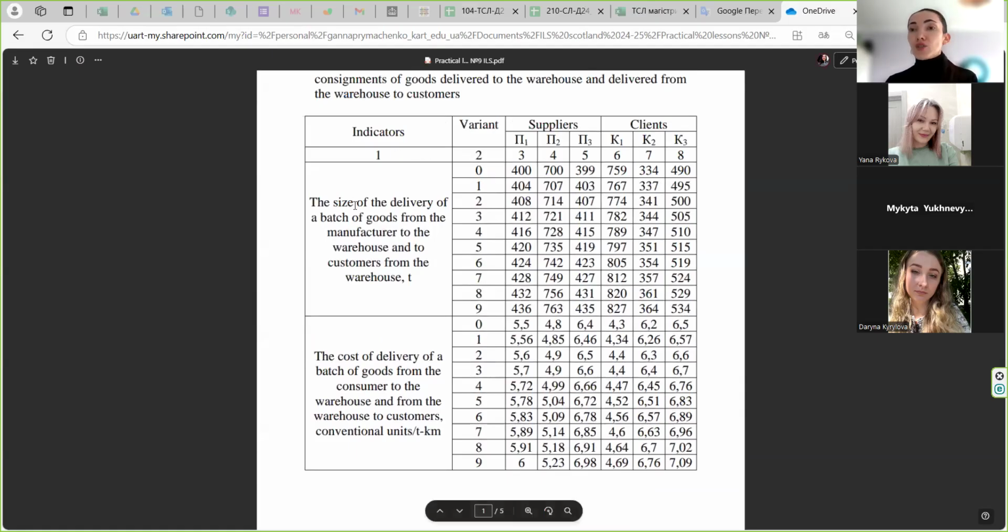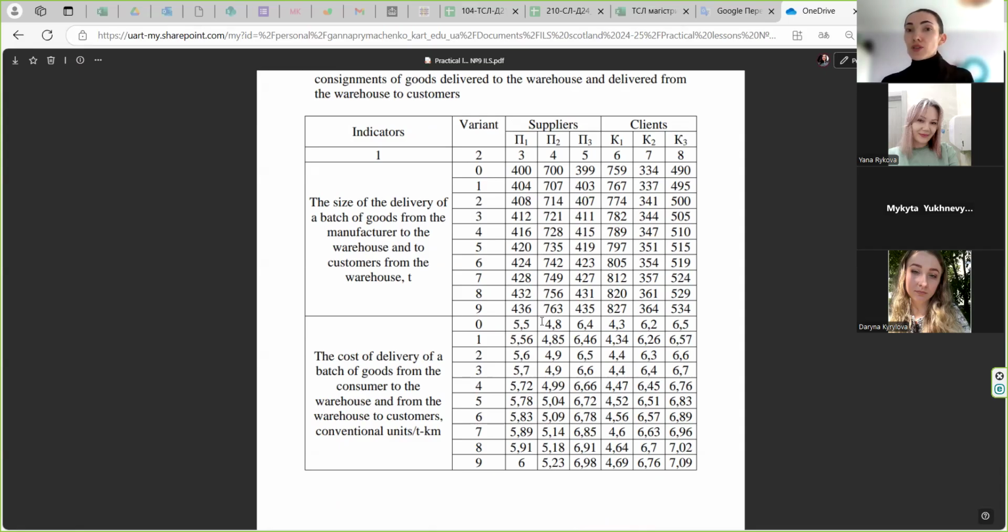It is our third line and fourth column in our table 1. For example, for zero variant, it is 700 tons. For first variant, 707 tons. And other for other variants. So we find three parameters for our supplier number 2.